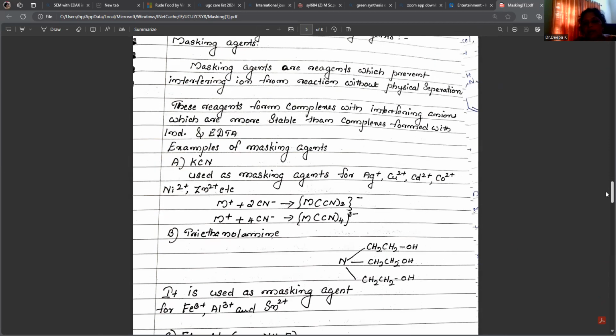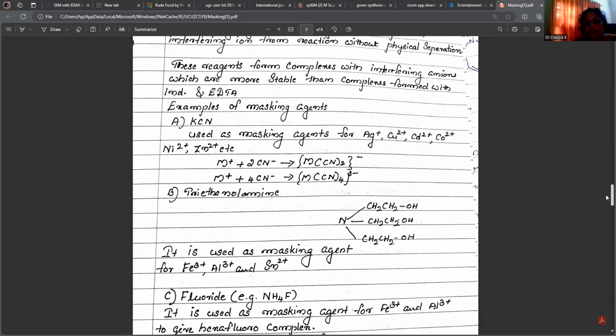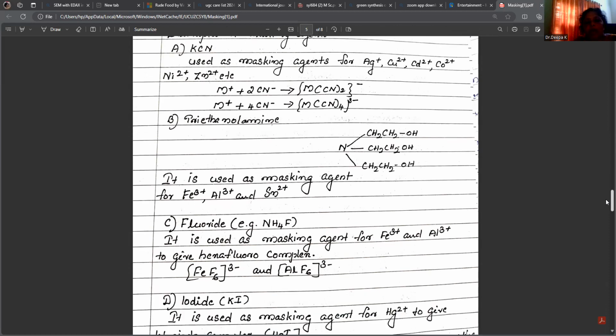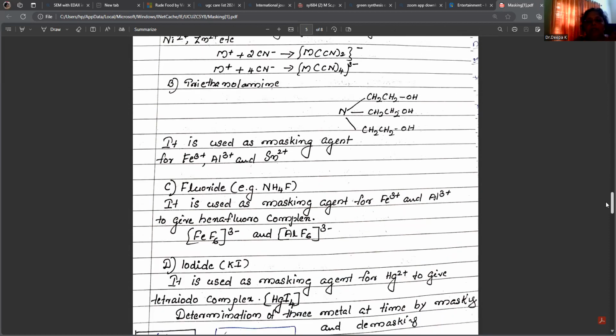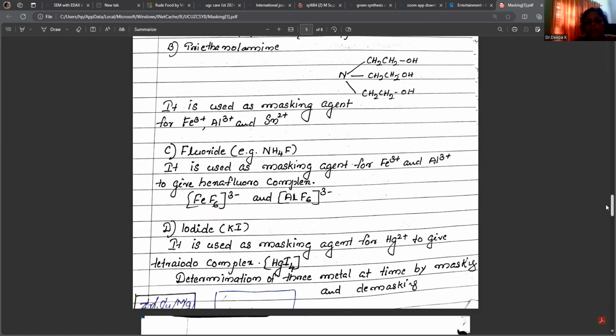Tetraethanolamine, the structure is given here, is used as a masking agent for iron, aluminium, and tin. Fluoride can be used as a masking agent for iron and aluminium, which will give a hexafluoro complex like this. And potassium iodide can be used as a masking agent for mercury.